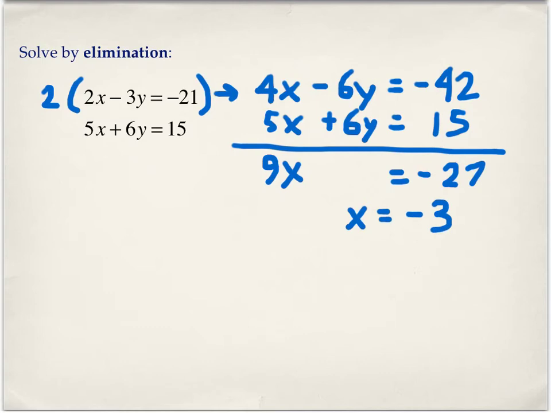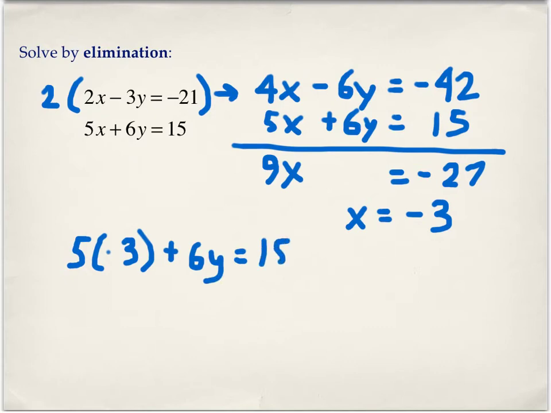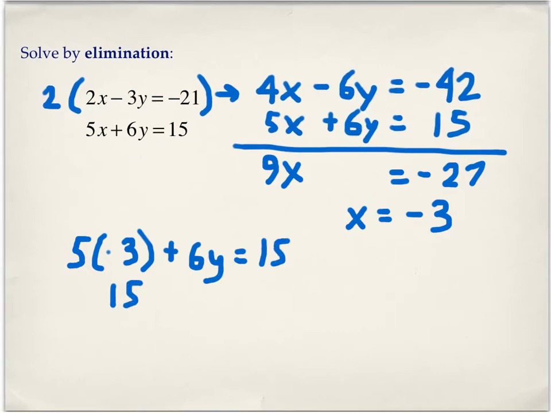Again, I have to go back and then substitute into one of my other equations to figure out what y is. I'll just go to the second one there. So I have 5 times negative 3 plus 6y equals 15. Excuse me, so 15 plus 6y equals 15.